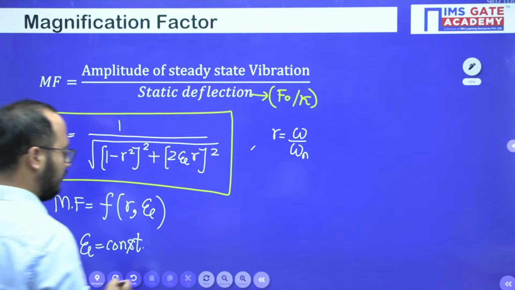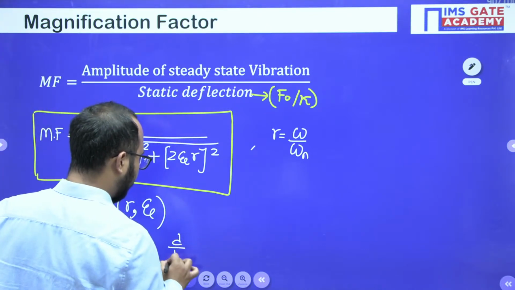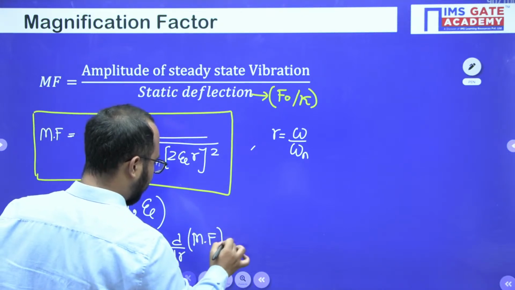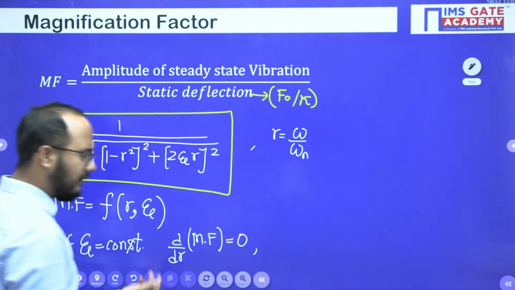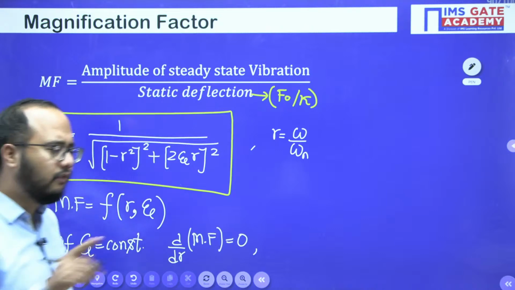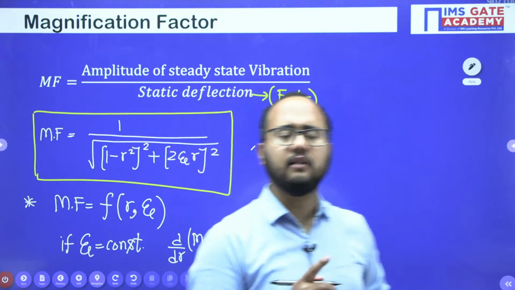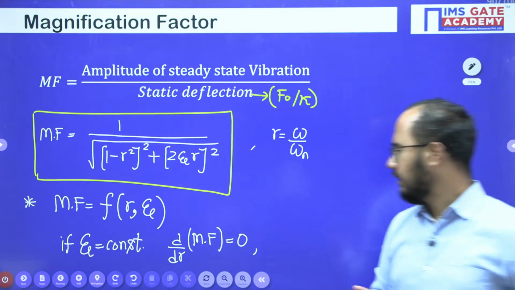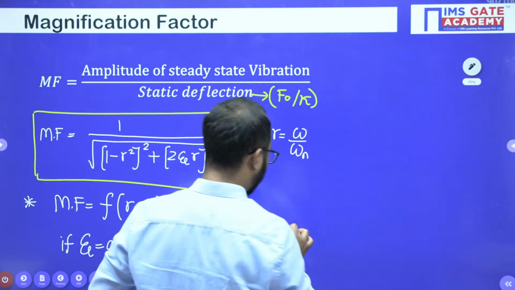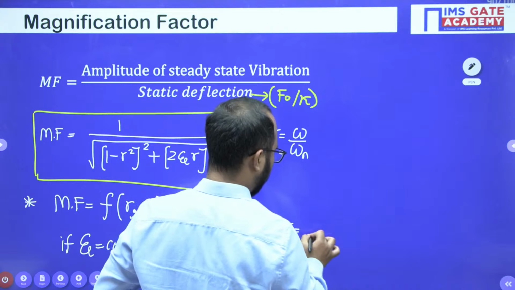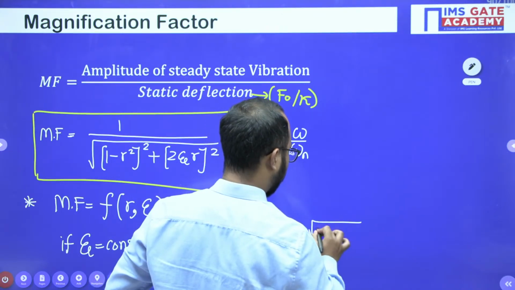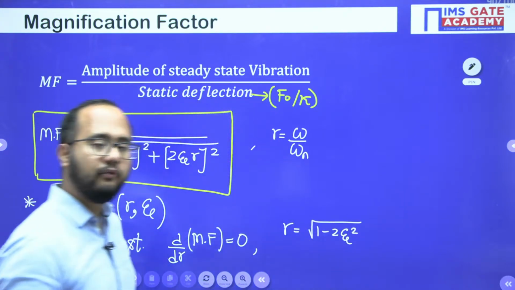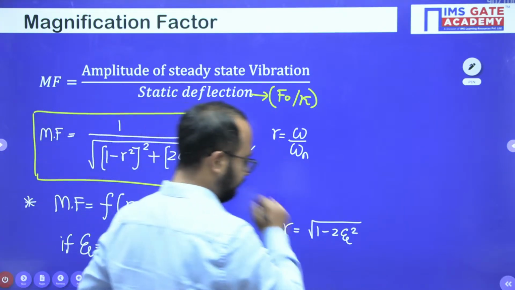For that, you will simply differentiate the magnification factor with respect to R and equate with 0. Whatever R value you get, at that value of R the magnification factor becomes maximum. Clear? That R value is nothing but the square root of 1 minus 2 psi square.